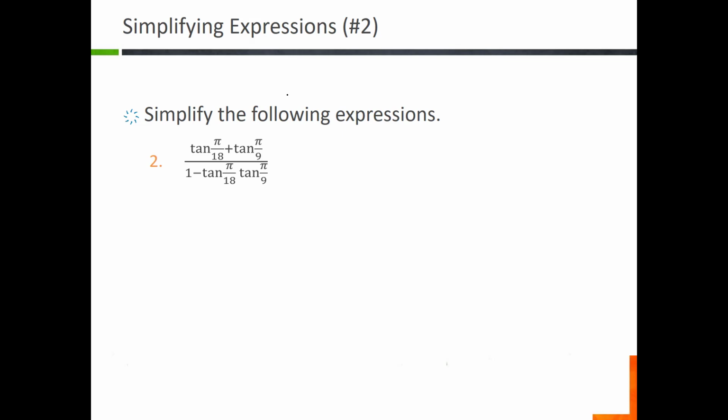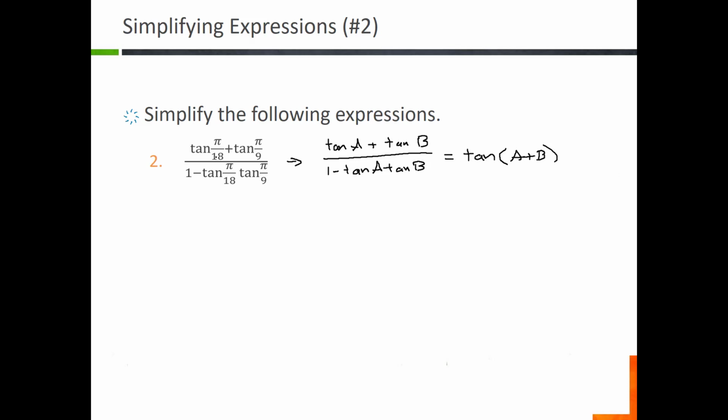And so this looks very much like the tangent of A plus the tangent of B all over 1 minus the tangent of A times the tangent of B. So again, notice I have A, B, A, B, I have tangent plus tangent over 1 minus tangent, tangent. And so the identity says that this is actually equal to the tangent of A plus B. Okay, the plus here matches the plus in the numerator.